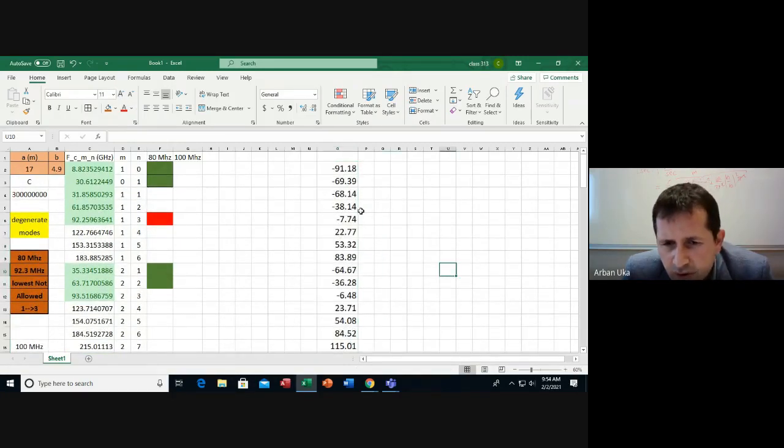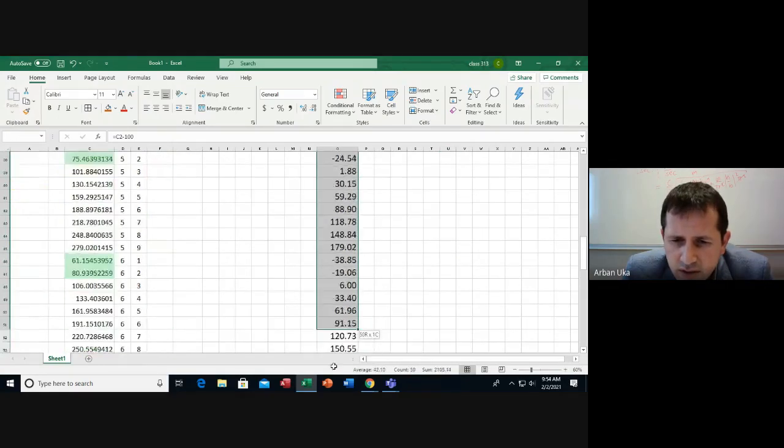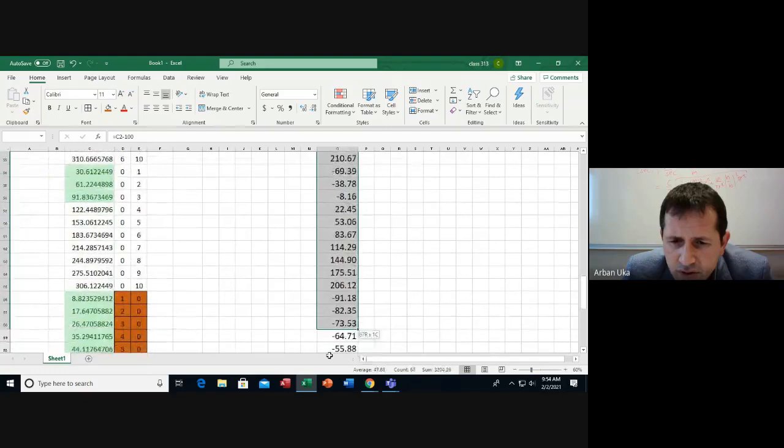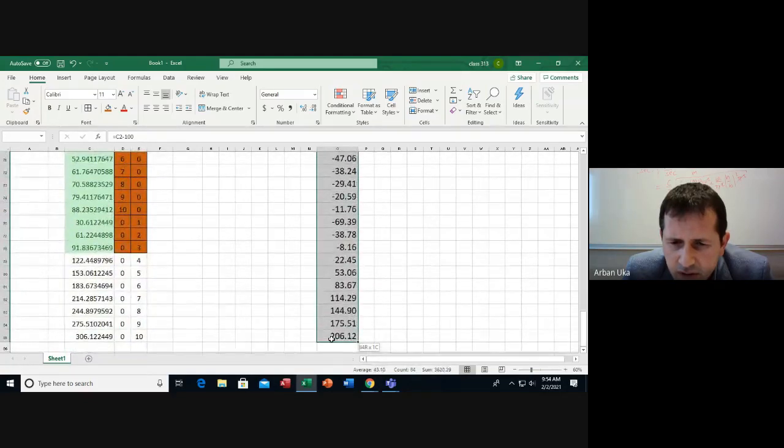So what is the smallest possible number? How can we put here a conditional formatting? I saw something 0 point something, which was very conditional.